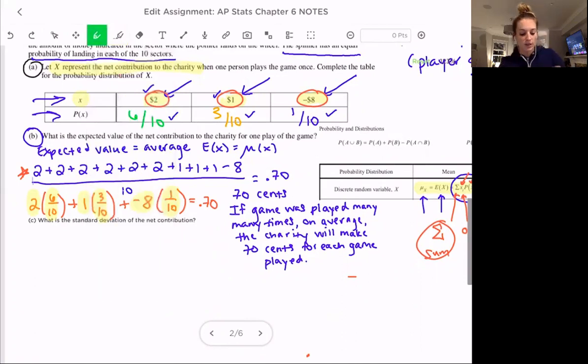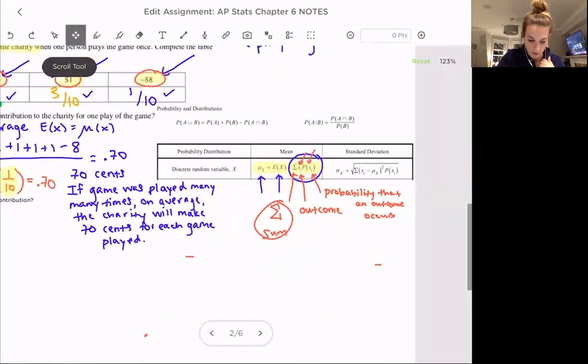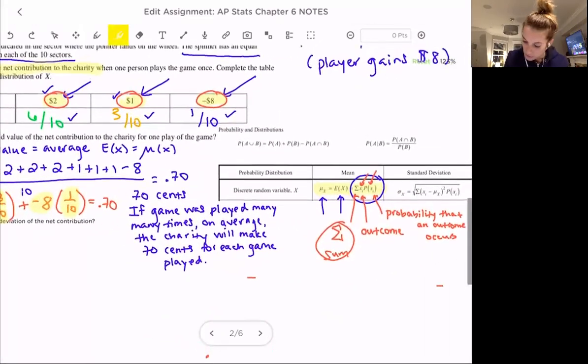All right, so we're asked, what's the standard deviation of the net contribution? Let's look at the formula first. The formula for standard deviation also looks scary. It's not once you break it down. So let me show you how we would do this, and then I'll relate it to the formula.